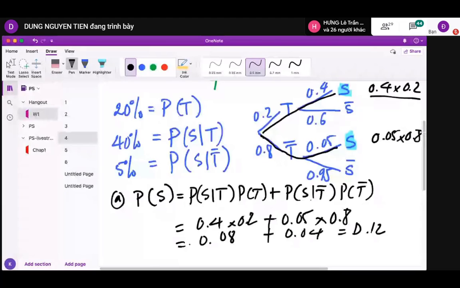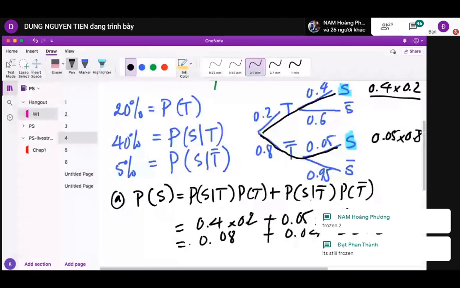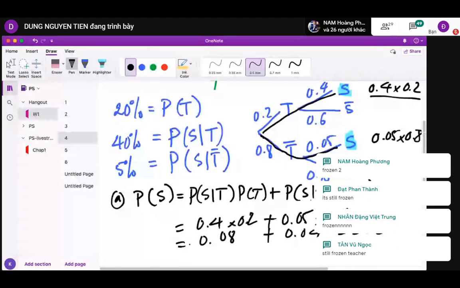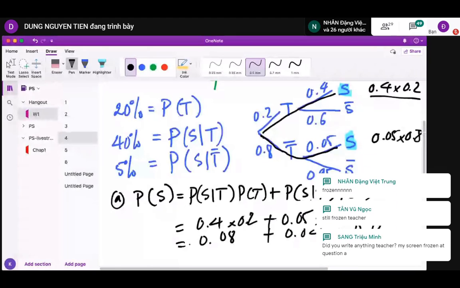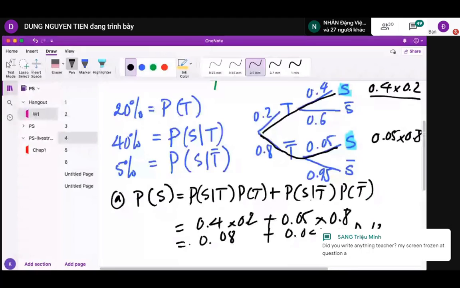Oh, you cannot see the screen. Is it okay now, or is it still frozen? Oh yes, I did. I gave you the solution to the second part.